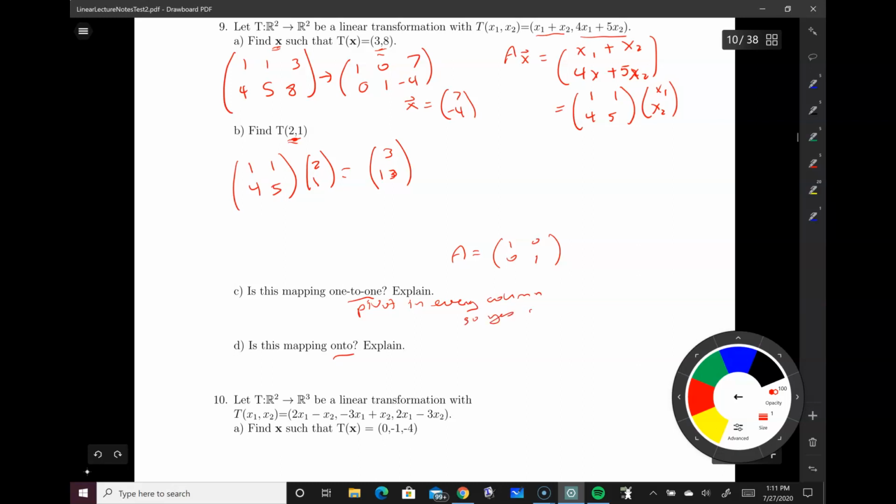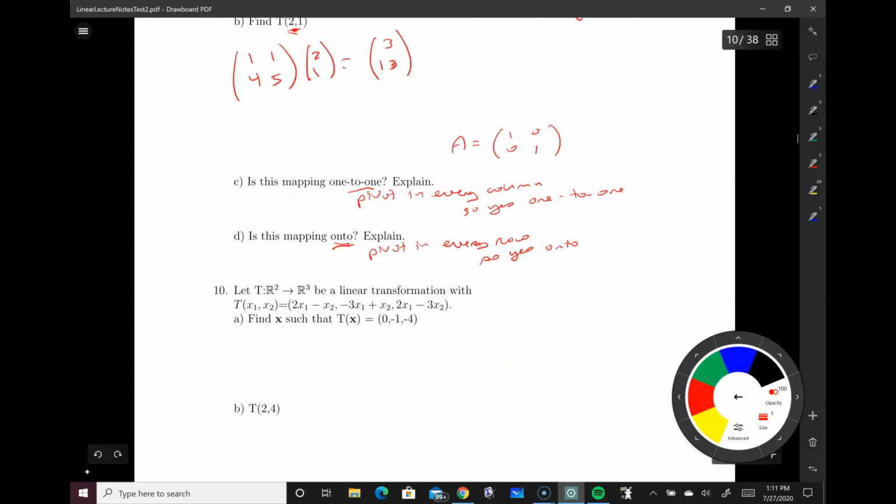So yes, one-to-one. So make sure you, in words, you answer the question. Is this mapping onto? Yeah, there's a pivot in every row. So yes, onto. Okay.